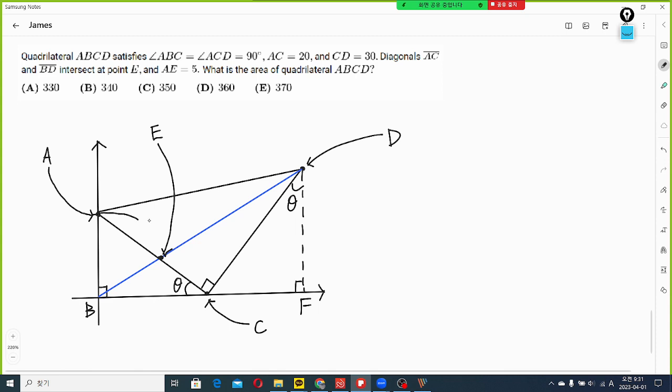So the length of AC is 20, and the length of CD is 30.